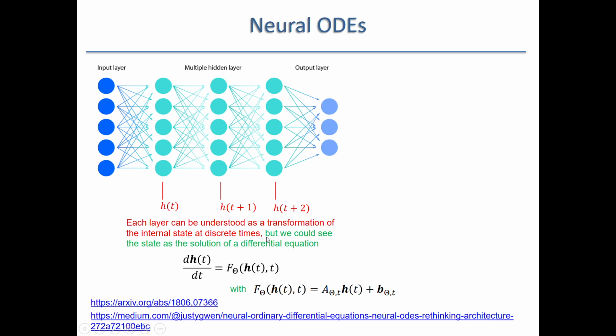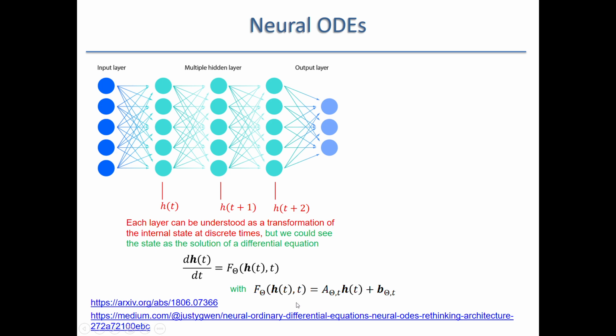But we can think of h of t as the solution of a differential equation, so that how h of t evolves over time depends on some function that depends on itself and time, and we can impose some special shape on this time change.